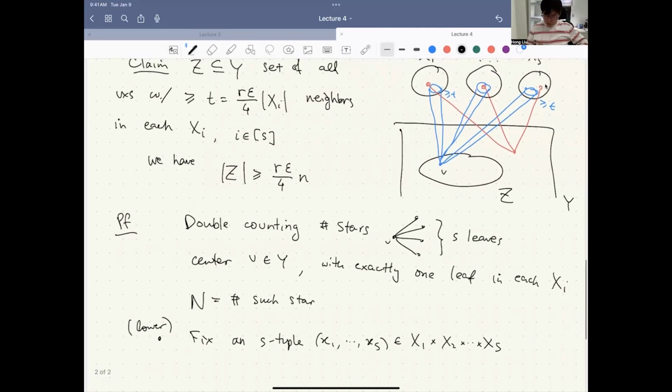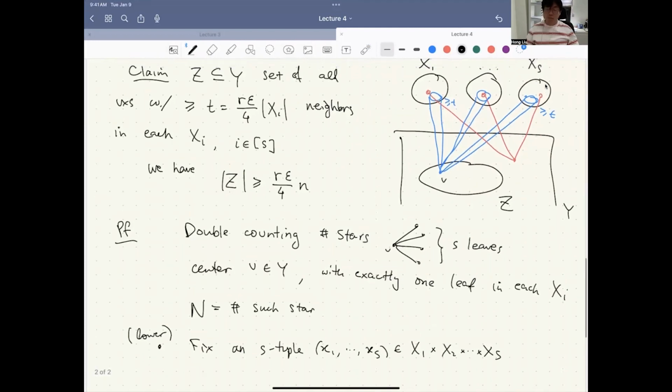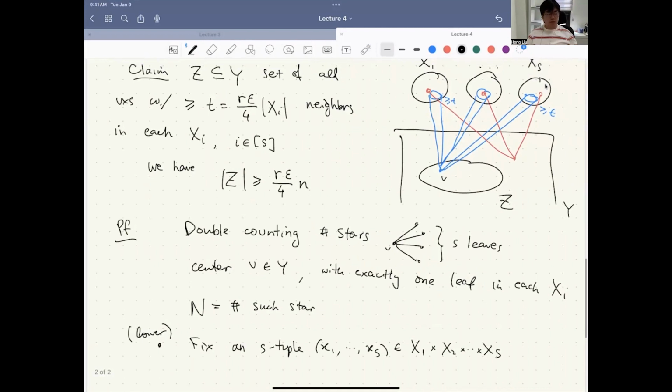Let's count their common neighbors. How to count the common neighbors? Let's look at the degree sum.